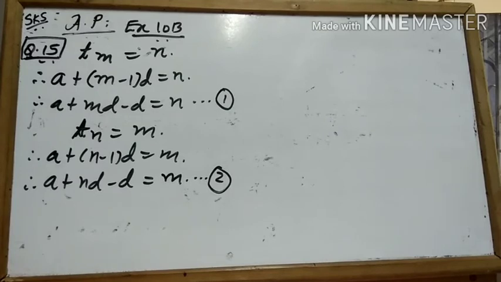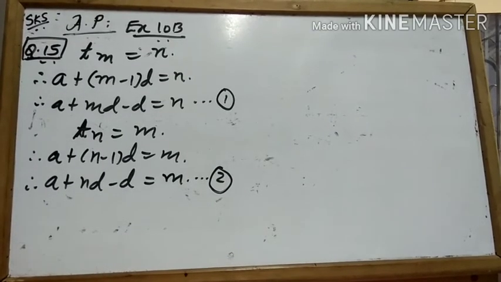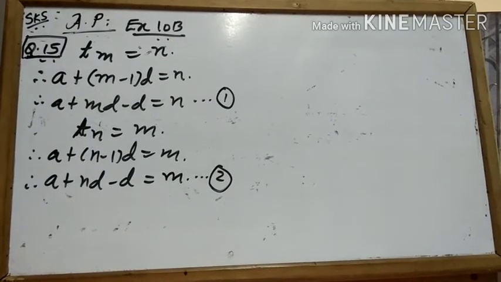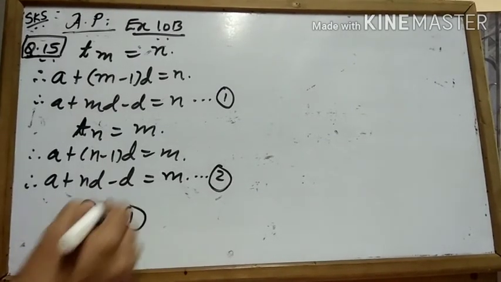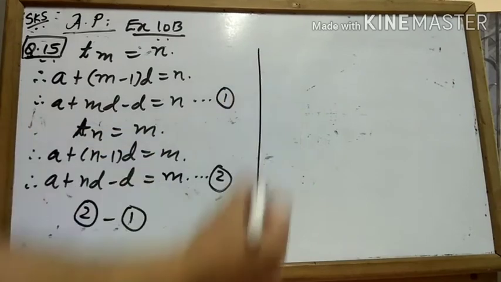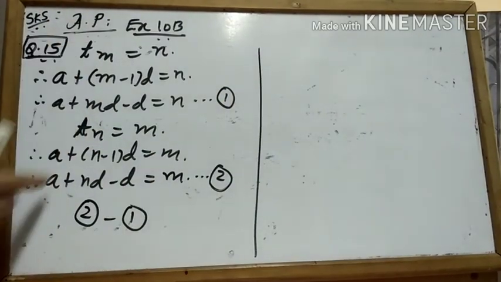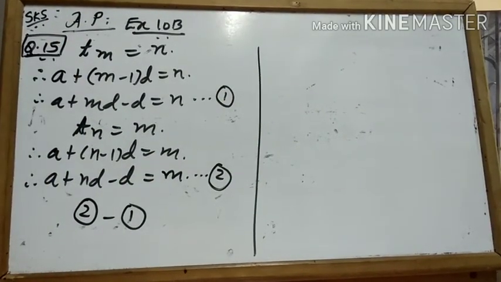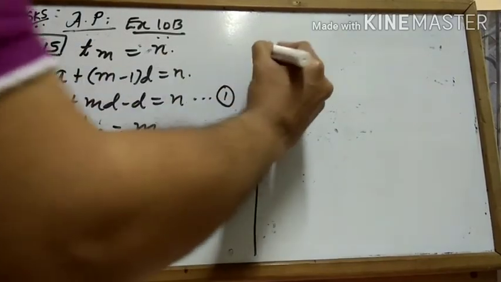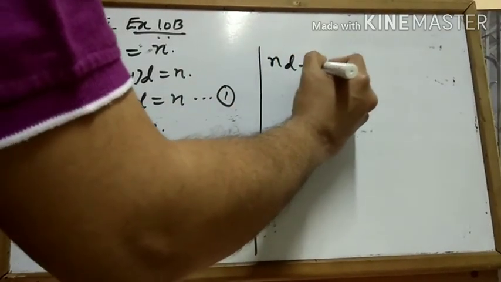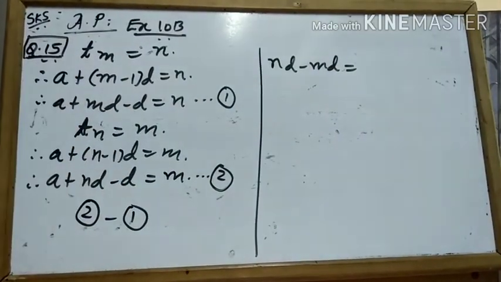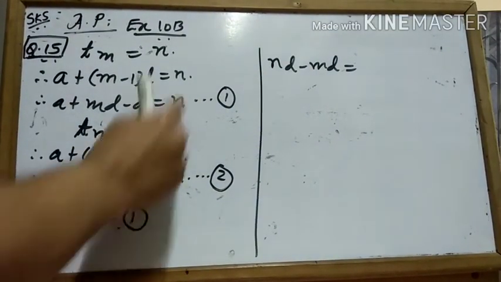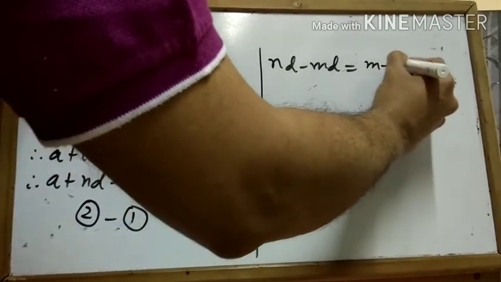If you know ninth grade simultaneous equations, what I'm doing is subtracting the first equation from the second, that is equation 2 minus equation 1. What will happen? A minus a becomes 0, nd minus md, minus d minus of minus d will be 0, and m minus n equals m minus n.